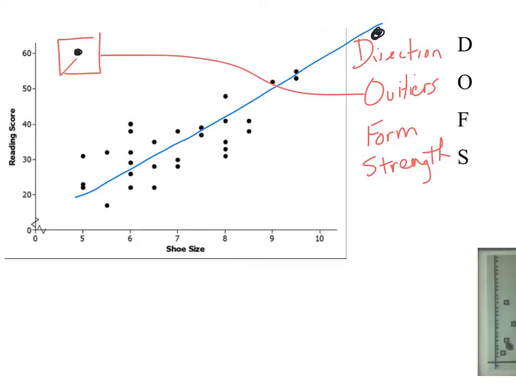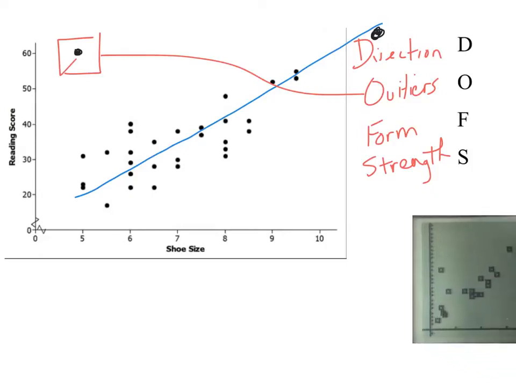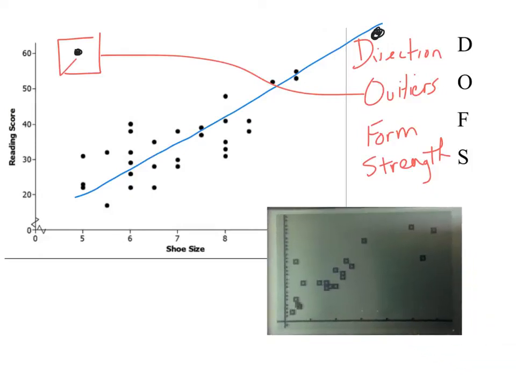Now, I collected some data from my students about the time it took them to come to school, the miles and the time. So down here was miles, and up here was time. I would look at this and say the direction is positive. It's definitely going in a positive trend.